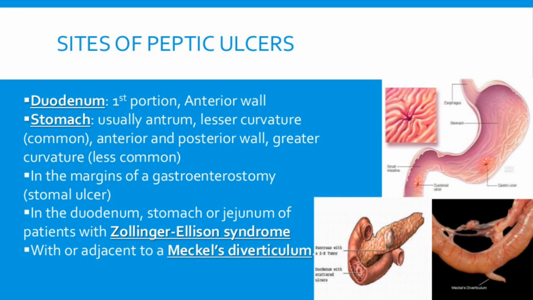So these ulcers are also known as marginal ulcers. Also in the duodenum, stomach, or jejunum of patients with Zollinger Ellison syndrome, and another rare site for peptic ulceration is Meckel's diverticulum. Basically, it is a congenital outpouching of the small intestine that may contain ectopic gastric tissue capable of secreting acid, leading to ulceration.